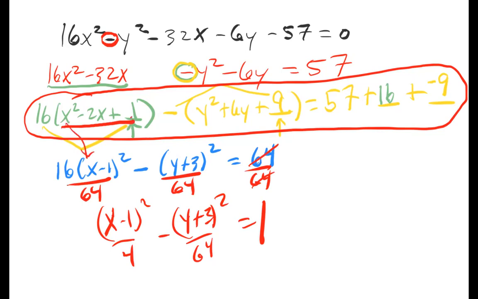When we cut -2 in half, we got -1. So that's why it's x minus 1. That sound familiar from last year? Here, this was y, and then when we cut 6 in half, we got positive 3. So that's why it's y plus 3. And then the last step was just dividing that by 64. All right, any other questions?